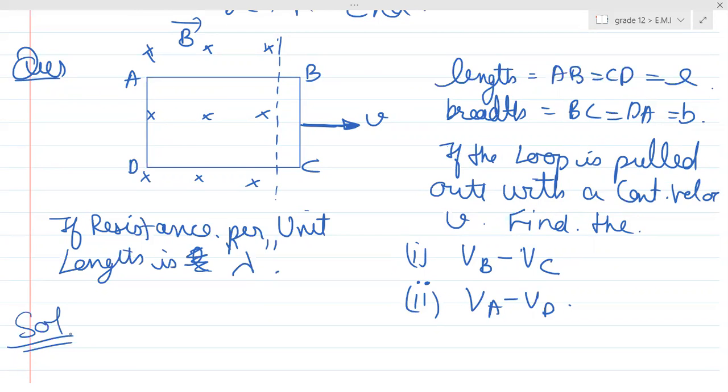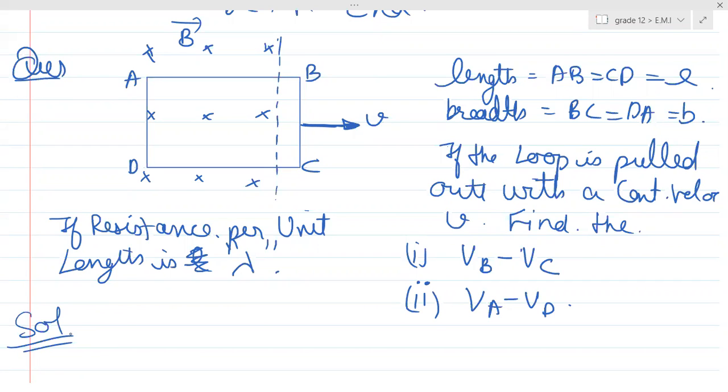Tell me why. Because it is out of the magnetic field. If there is no magnetic field line, what will you cut, right?